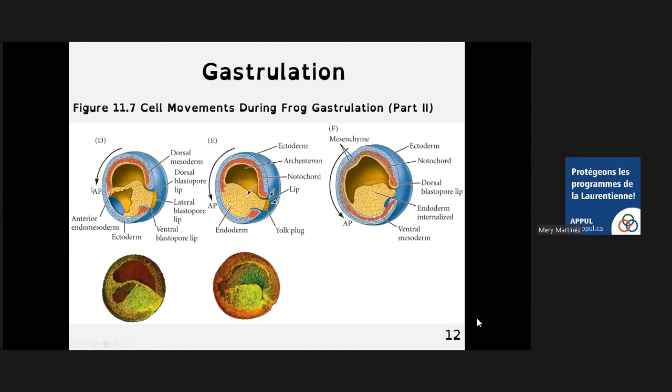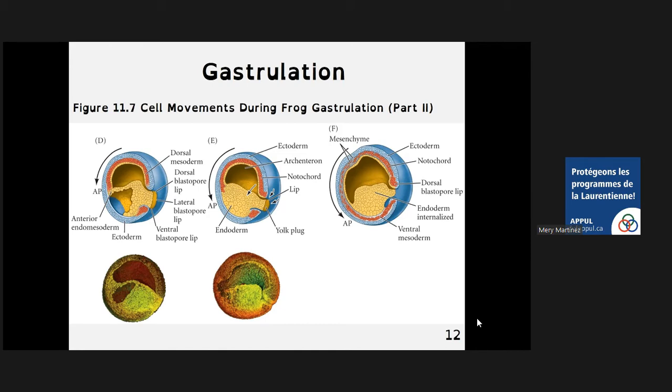Okay, is this clear? Okay, and here once again, migration by epiboly, invagination, and involution of cells so we can form the archenteron. And once we have these 2 layers, ectoderm and endoderm, the mesoderm, indicated by red, starts placing itself in between the 2 layers, endoderm and ectoderm.